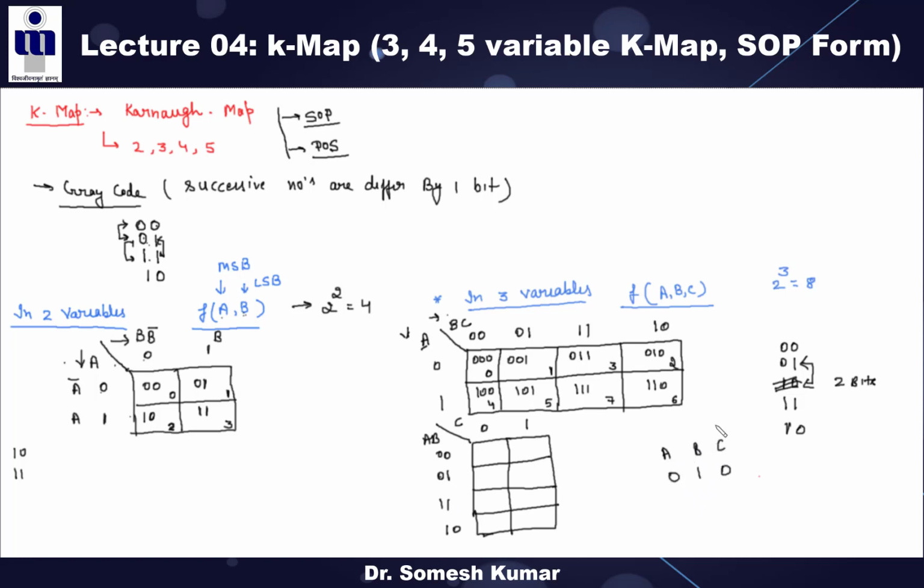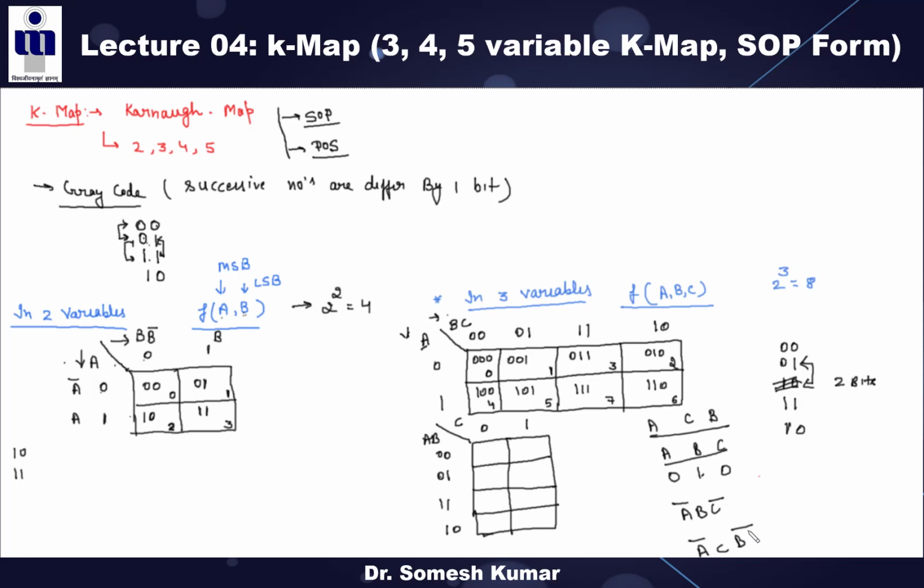Here, if you change this order, A, C, B, then the meaning of this question is completely different, right? So here in ACB, C is 1, and if we are taking ABC, B is 1, right? Clear? If you are taking ABC like this, then it becomes A bar, B, C bar. But if you are taking ACB, the function is A bar, C, B bar. Both are different. Understand? Any doubt in this?